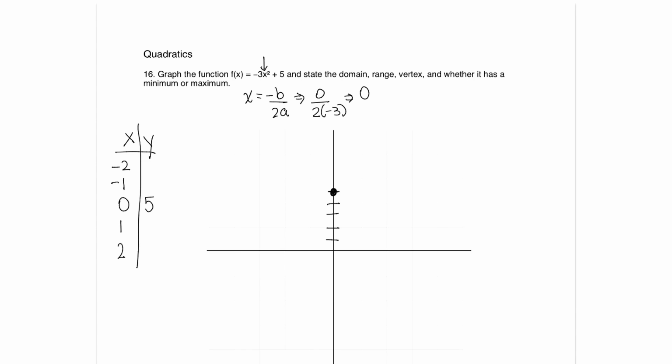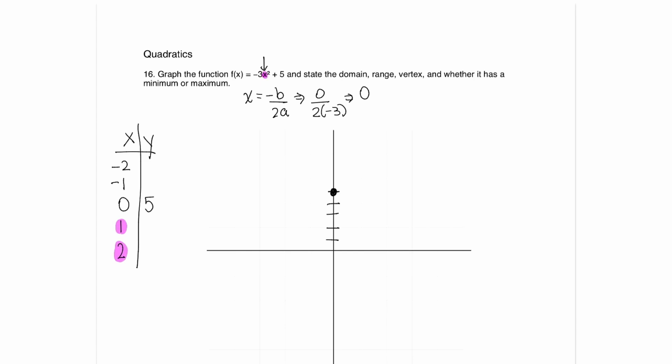and what happens is that these are actually going to be the same value because we have a symmetrical graph. So when I plug in 1 for x, what we're doing is replacing this value right here, x, with this value here. I'm also going to do that with 2.